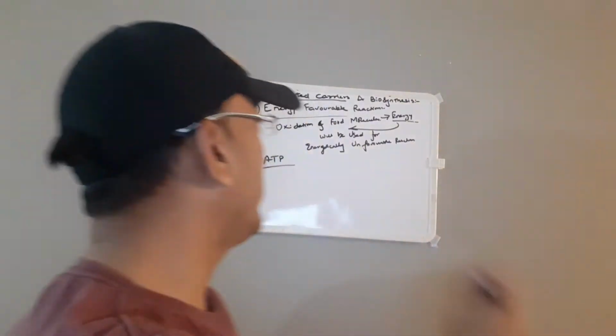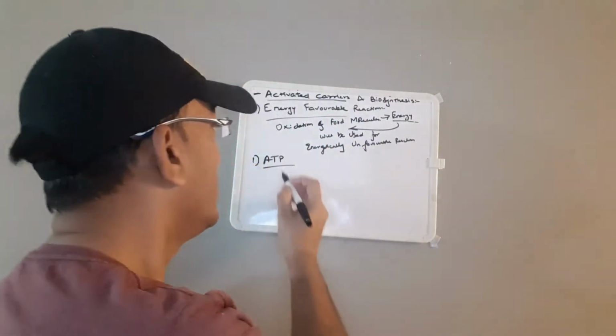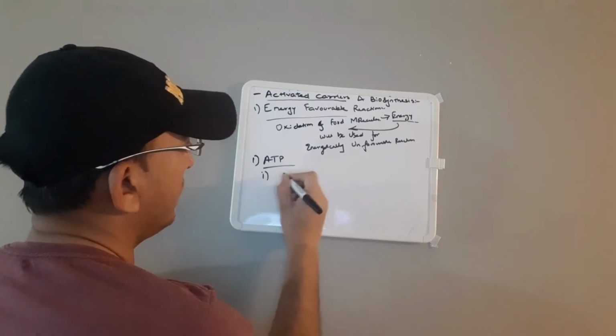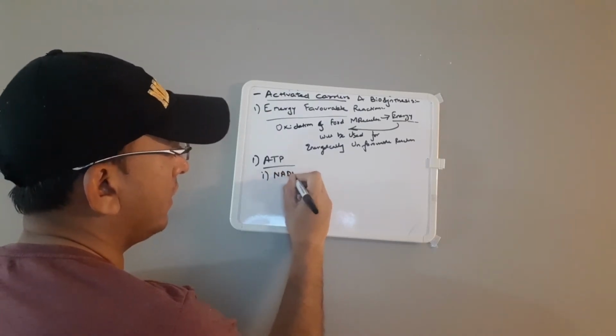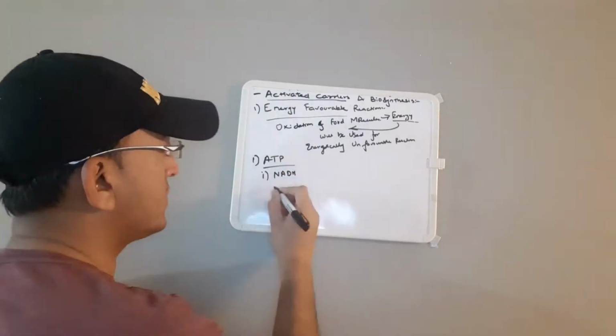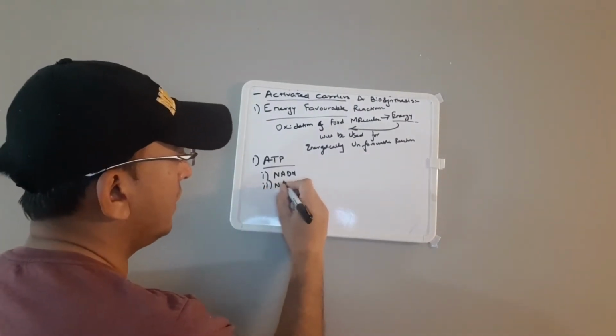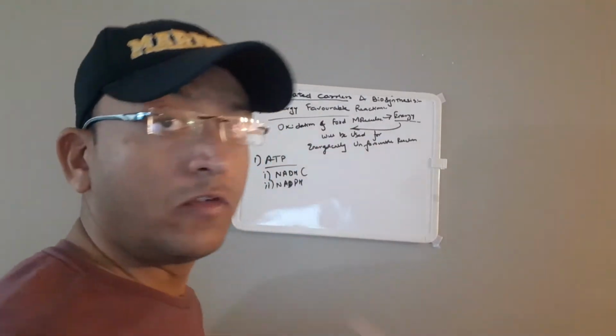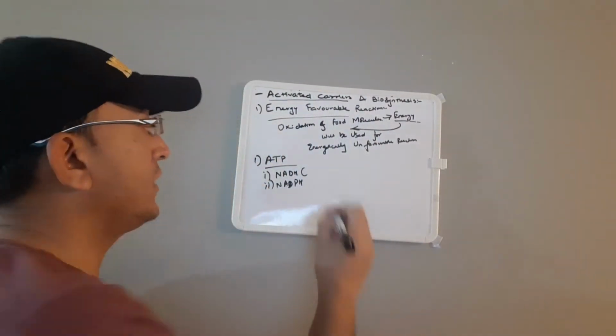The most important activated carriers in the cell, number one, is ATP, and there are two other molecules that are closely related to this. They are NADH, and the second is NADPH.